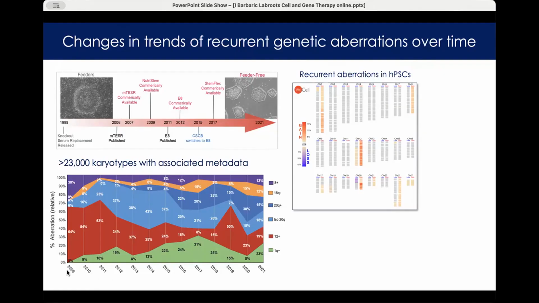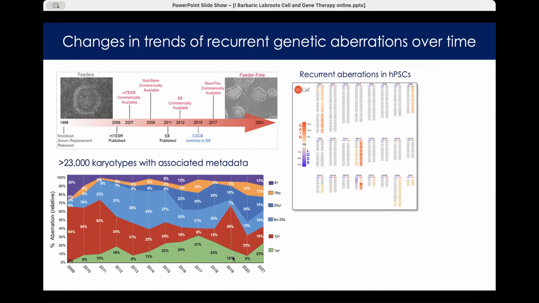If we look back in 2009, over 60% of all karyotypic aberrations in the WiCell dataset were gains of chromosome 12, trisomy 12. Very few of them were gains of chromosome 20, and really none of them were gains of chromosome 1q.